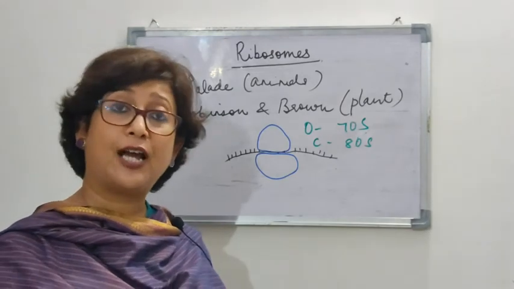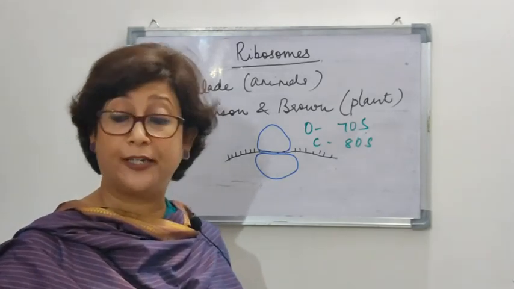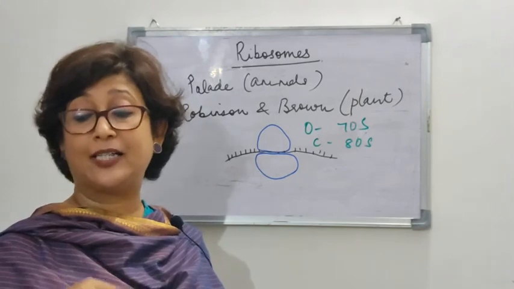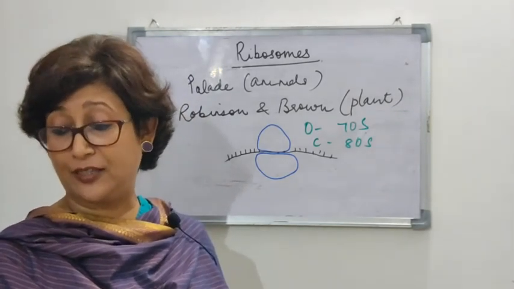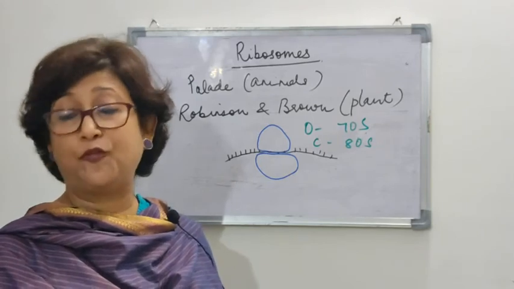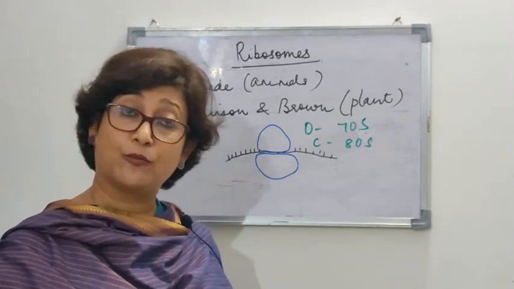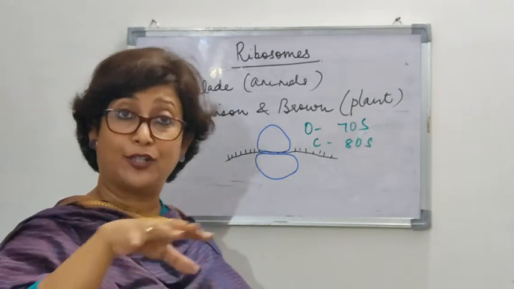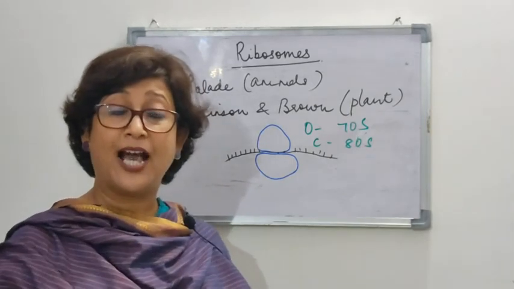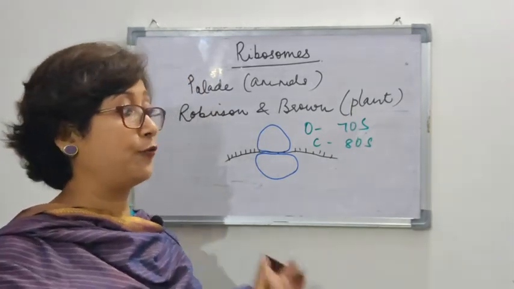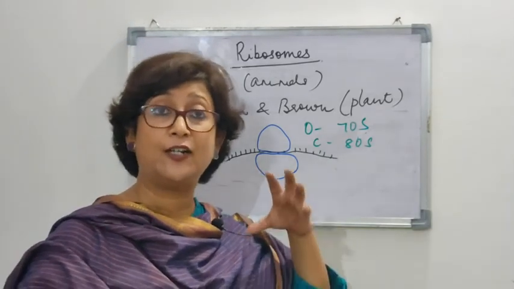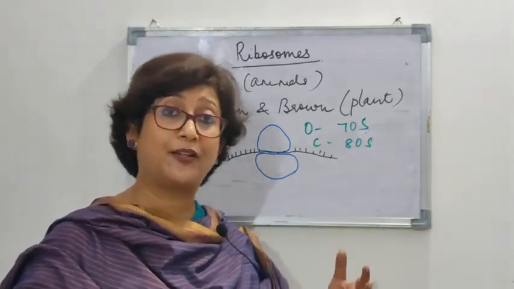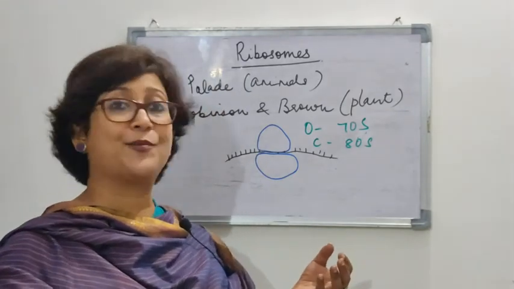What is the function of the ribosomes? They are popularly known as the protein factories. That means they are the sites of protein synthesis; protein synthesis takes place over here. There are free ribosomes and attached ribosomes also. Free ribosomes are found freely in the cytoplasmic matrix, and for attached ribosomes, if you remember, we talked about the endoplasmic reticulum, which is rough endoplasmic reticulum and smooth endoplasmic reticulum.